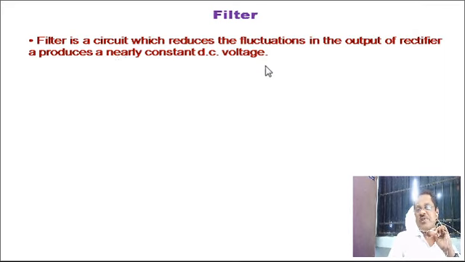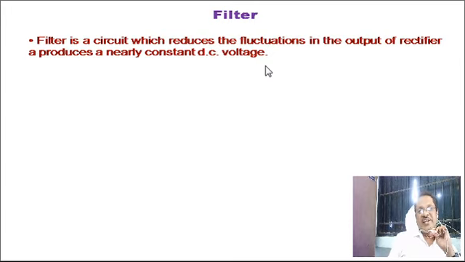Whatever fluctuations we call ripples, these ripples or fluctuations or pulsations present in the output of rectifier are removed by this circuit, that is called the filter circuit. So filtering is done to obtain a nearly constant DC voltage. It removes all the fluctuations present in the output of rectifier.